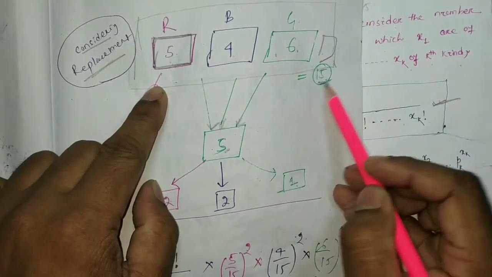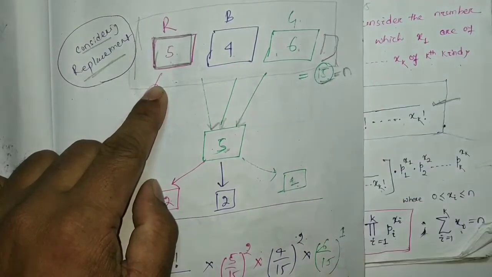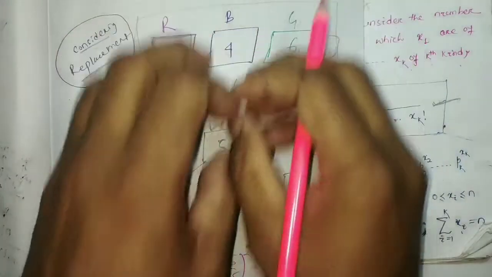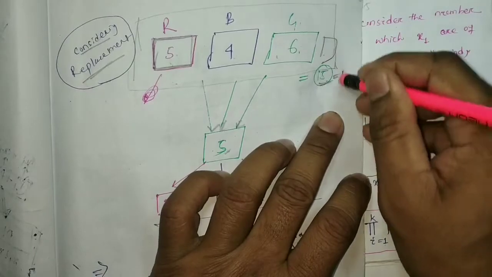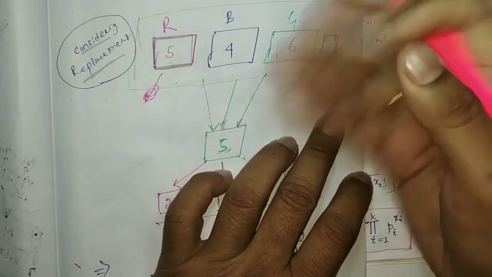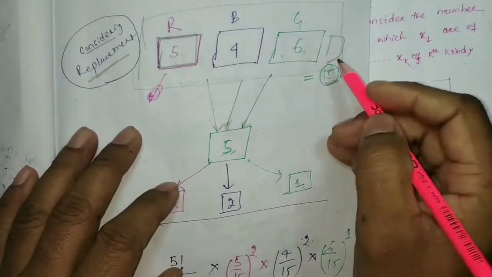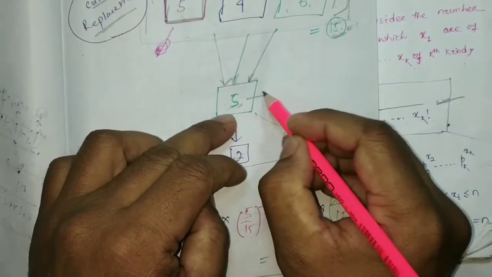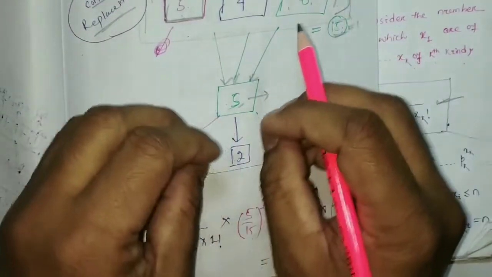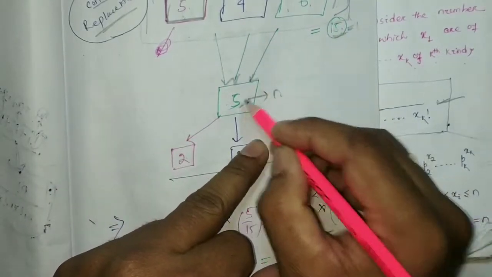Total is 15, so here the total number of balls is 15. I drew 5 balls. So the corresponding trials, how many trials did I draw? n equal to 5, right?